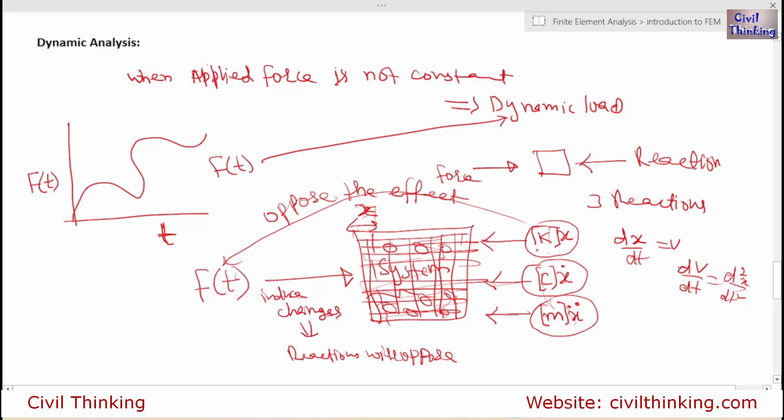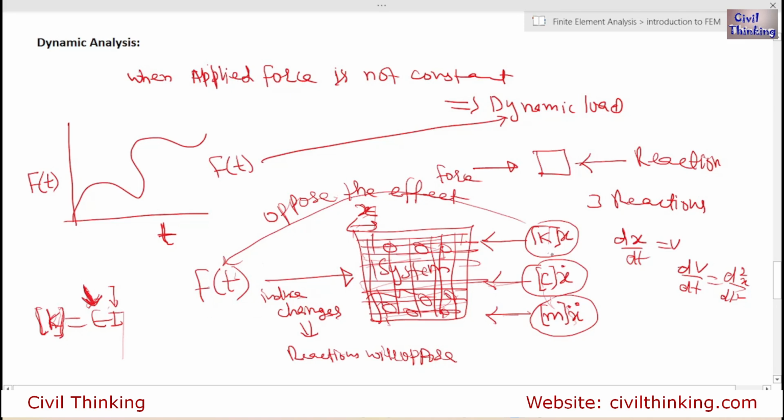Now why k? What is k? K is stiffness, EI. When you induce a force, it will try to change E, so this is the reason k will oppose it. The deformation changes E, and of course it also changes I, and overall it changes k.